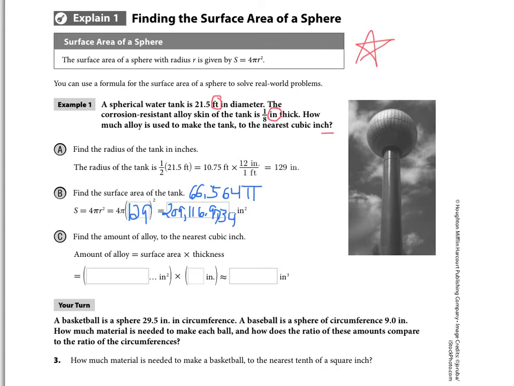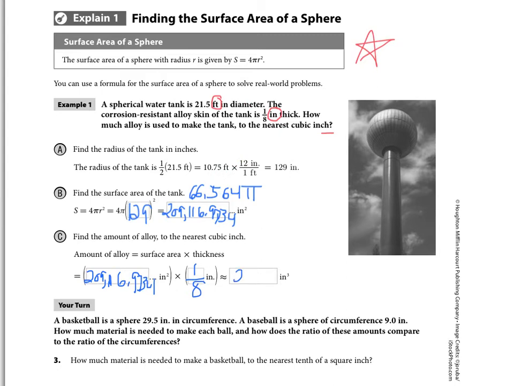And then we need to take that number and figure out the amount of alloy in cubic inches by multiplying by its thickness. And the thickness, remember, is 1/8 of an inch thick. So at this point, 209,116.9734 times 1/8 is going to give us our final answer, and it does say to round to the nearest cubic inch, so I'll show you that rounding process.